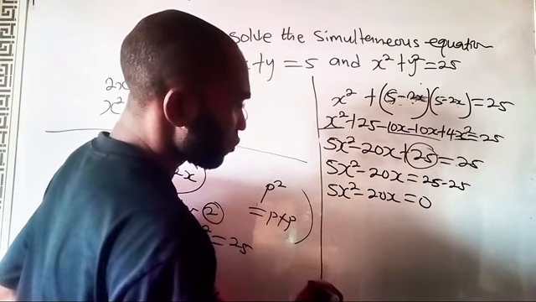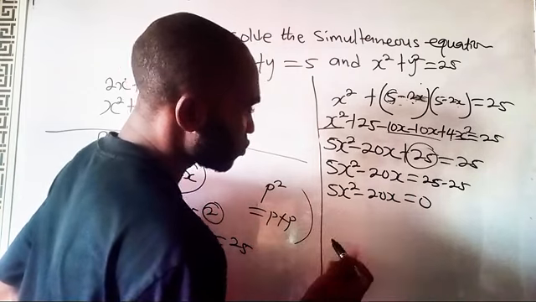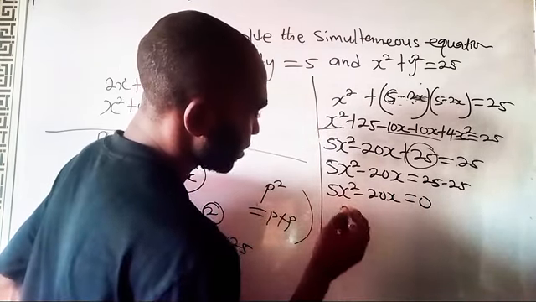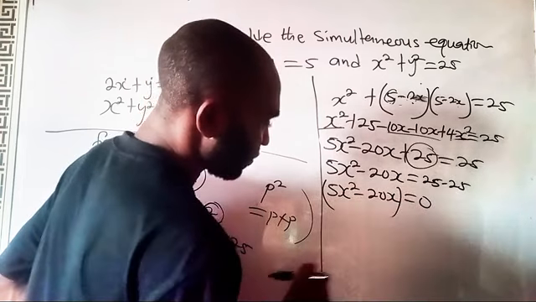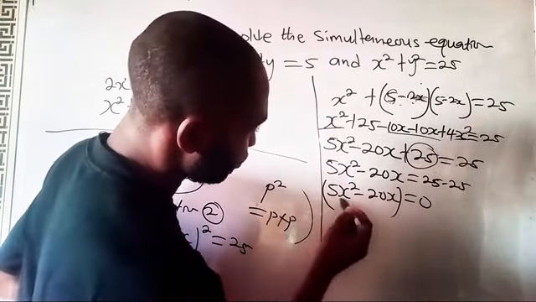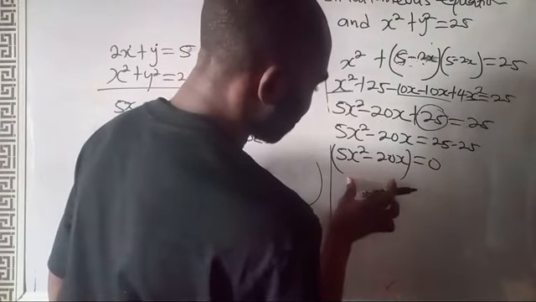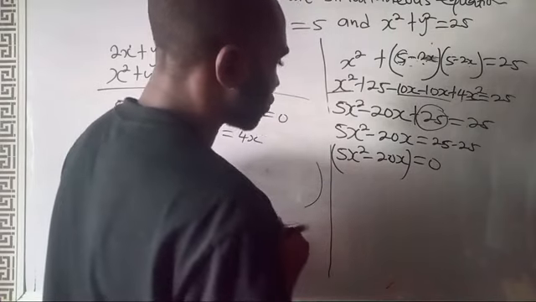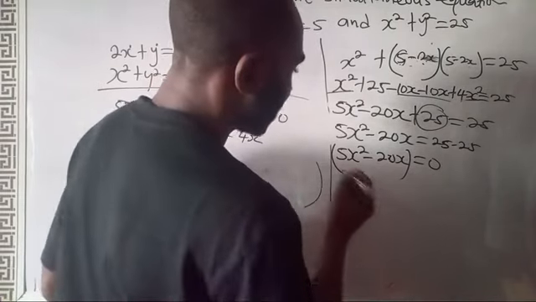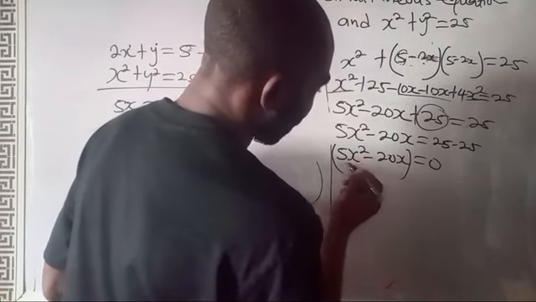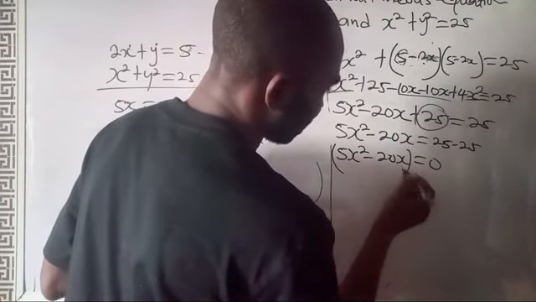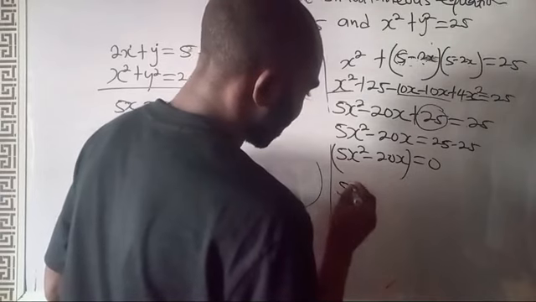So from here, I'm going to factor this. In factorization, you look for the highest common factor of each term. So here the highest common factor of 5x squared and minus 20x is what? Is 5x.